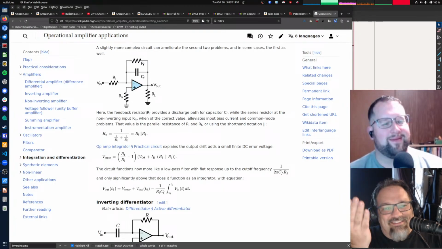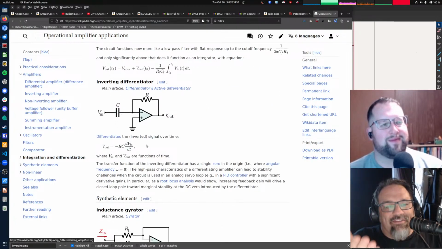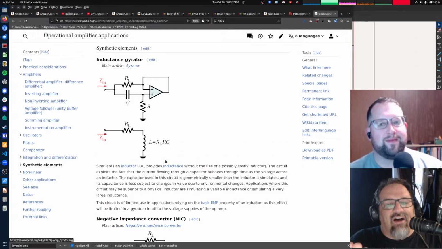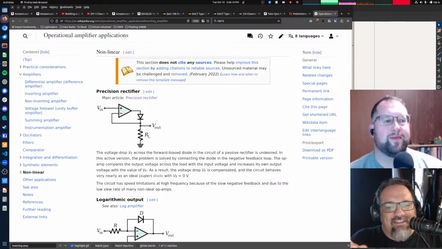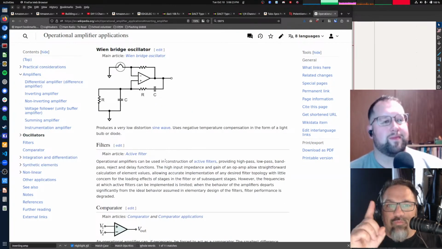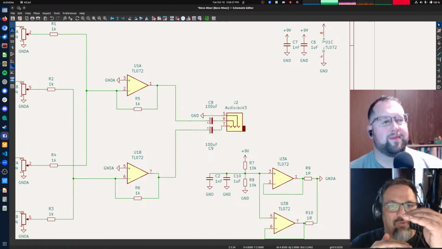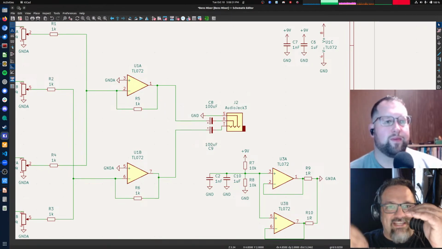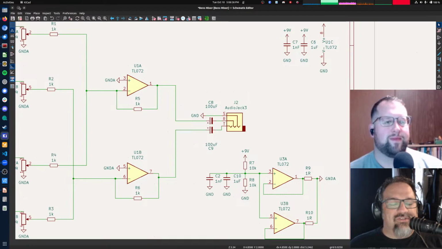The ways you can connect this thing up to get it to do weird stuff are just endless. And it's just this one device that does that one simple thing. It compares the two inputs, and if one is more positive than the other, it increases its output. If one is more negative than the other, it decreases its output. That's all it does. But you can use it to do so many things.